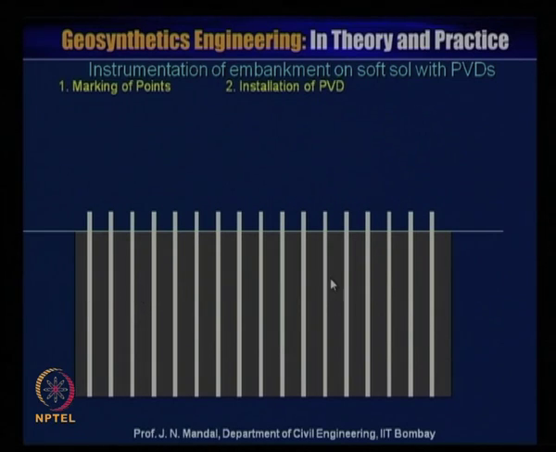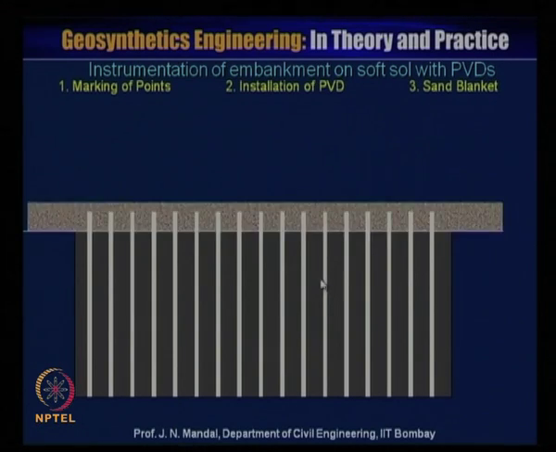After installing, you can provide the sand blanket. Or you can also place geotextile or geocomposite material, which will act as drainage. Then you have to place the geotextile on top of this.